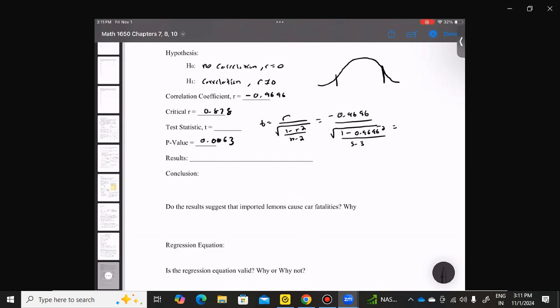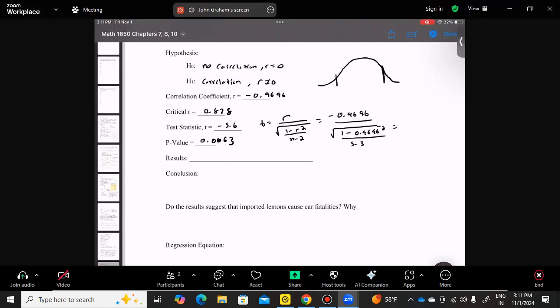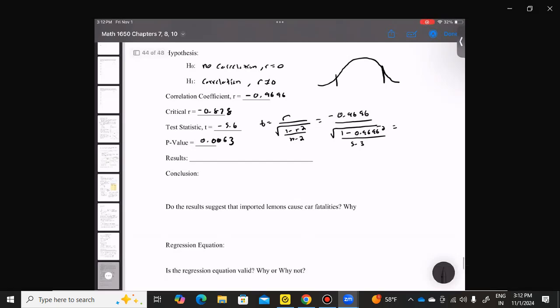I get a test statistic of negative 5.6. Based on this, our r coefficient is negative, so we're comparing it to a negative critical r.